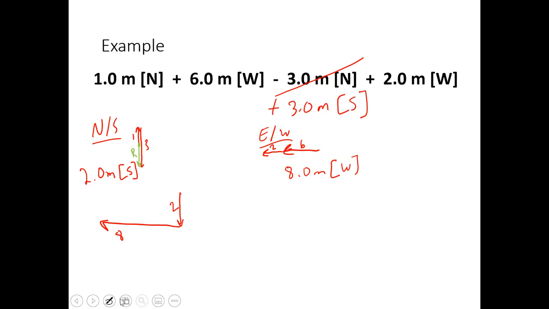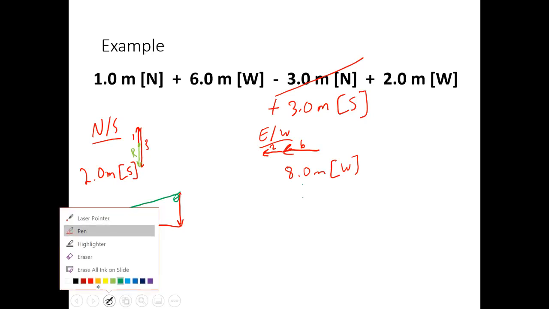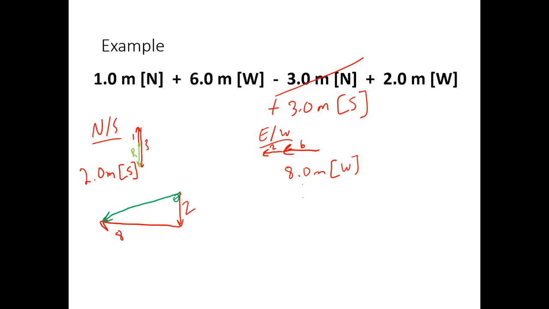Our resultant will look like so. I'm going to call this our theta up in here. Just move that 2 out of the way. After we get our triangle set up, now we're just going to do some math. R squared will be 2 squared plus 8 squared.